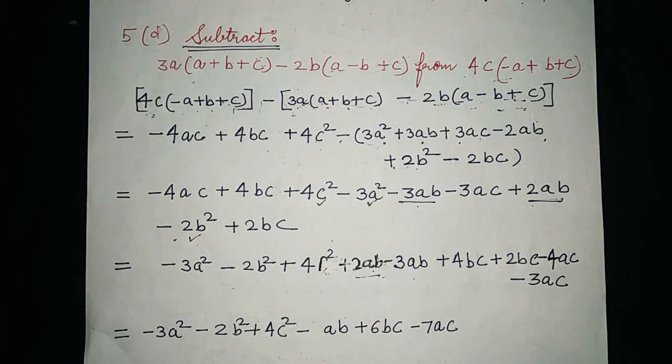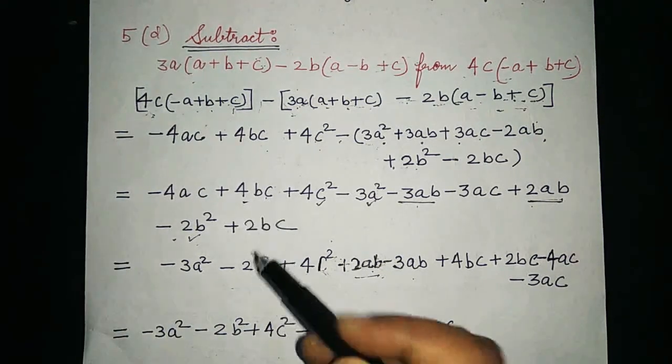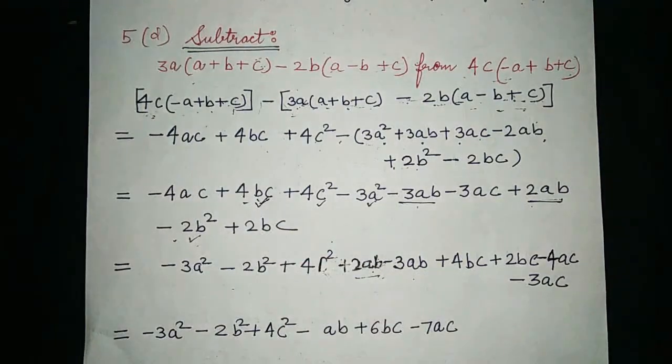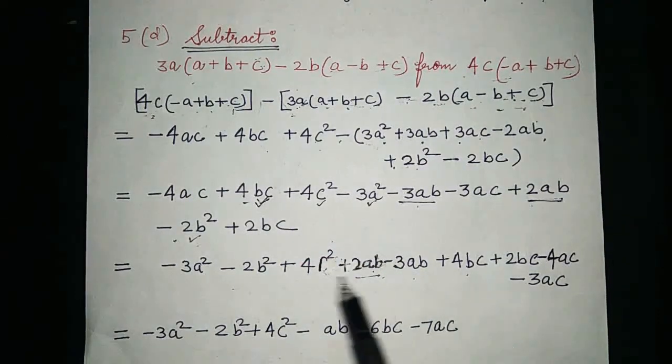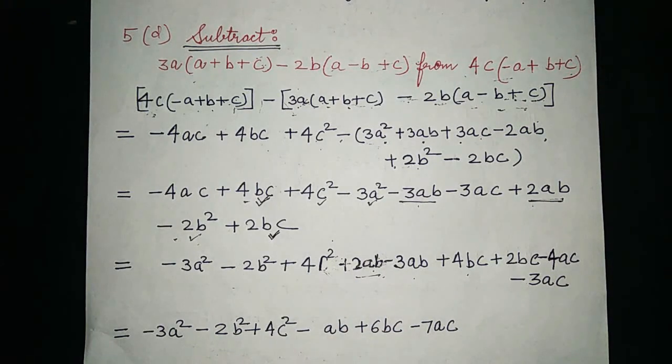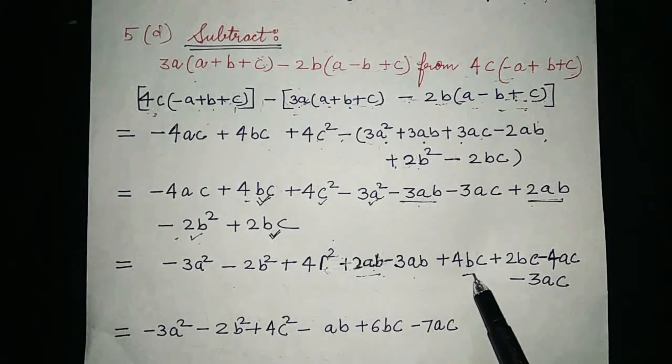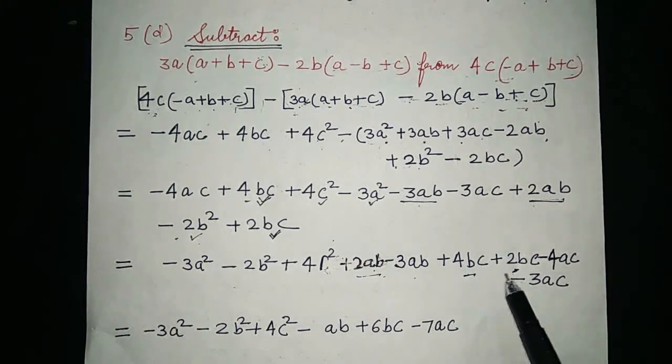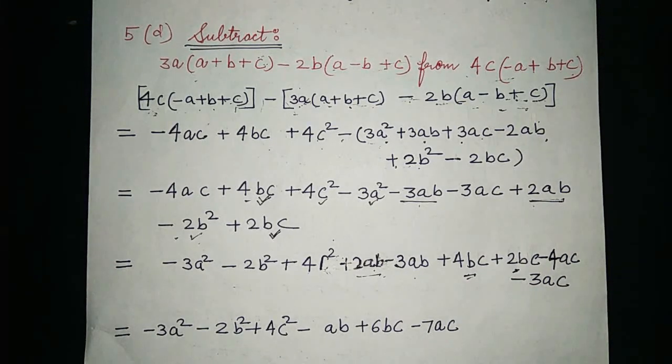Now we will write the next term. Here we can see 4bc, and 2bc also. They both are like terms. So here we will write 4bc and 2bc. After writing 4bc and 2bc, again we will see the left terms.